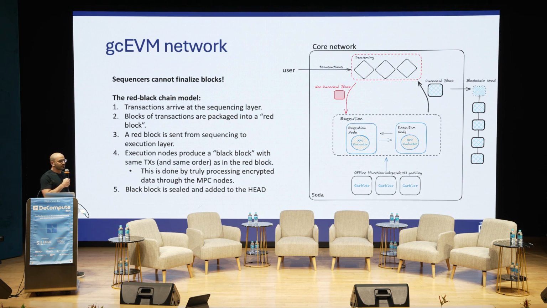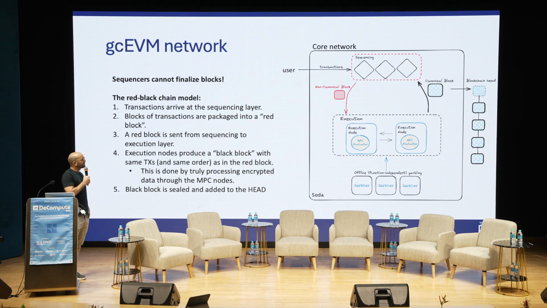These are blocks of transactions that are not executed yet. It means they need to get to a second phase of execution, where those red blocks become black blocks, which means they are canonical blocks, or blocks after execution that actually change the state of the chain. And the reason we separate sequencing and execution is inherent to all MPC-based networks.